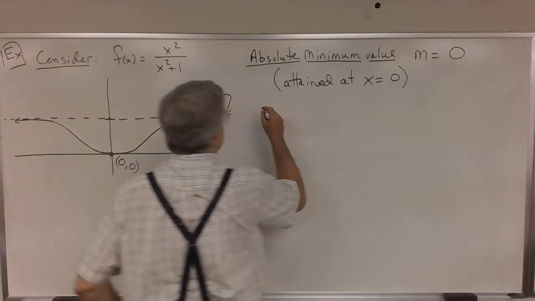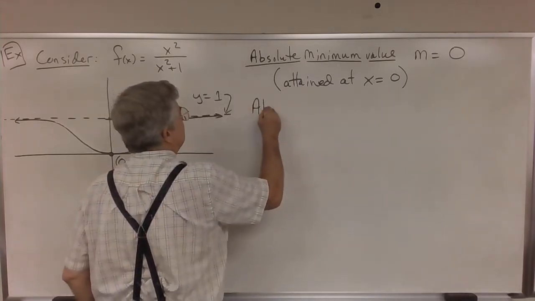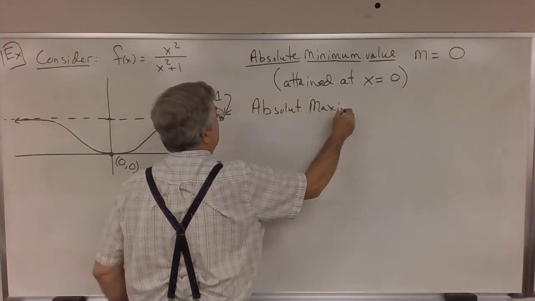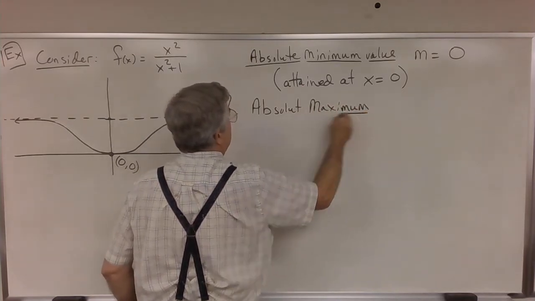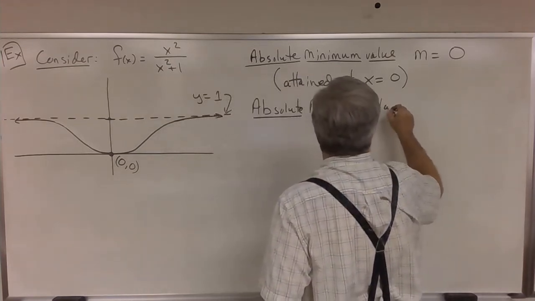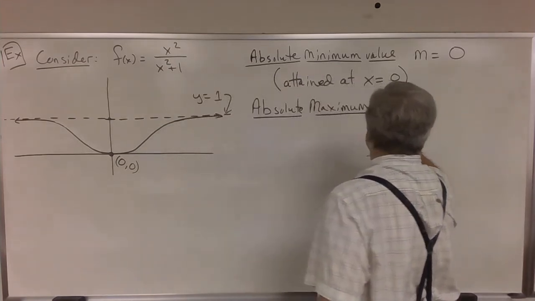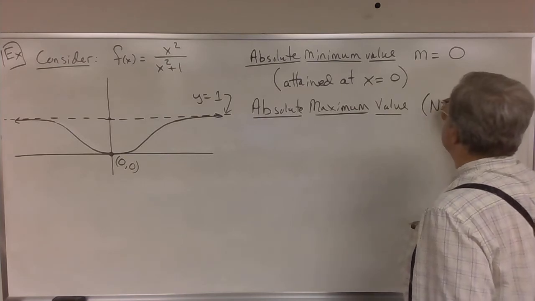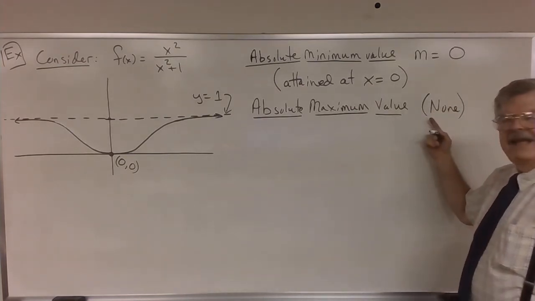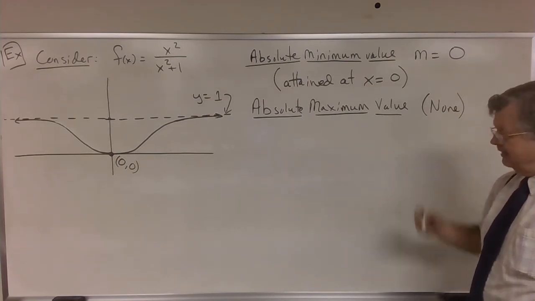So absolute max value: none. This function has no absolute maximum value.